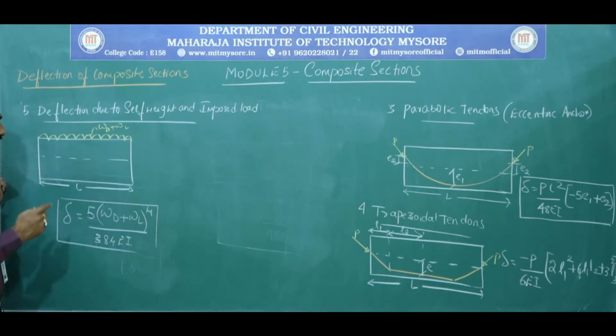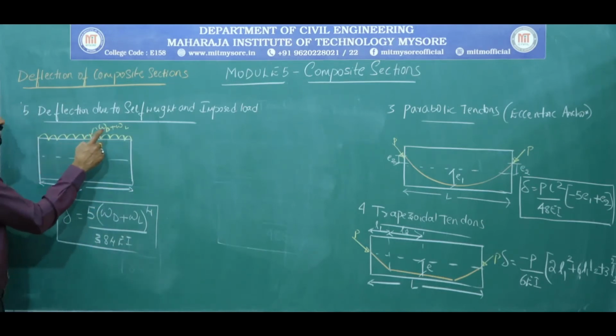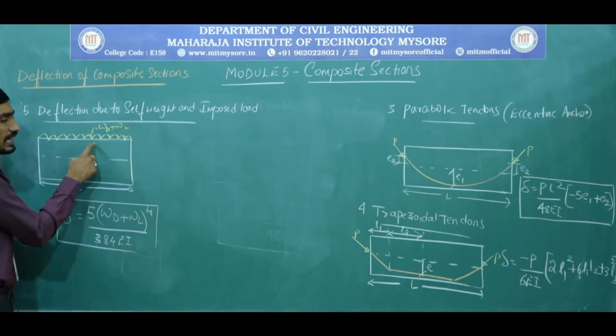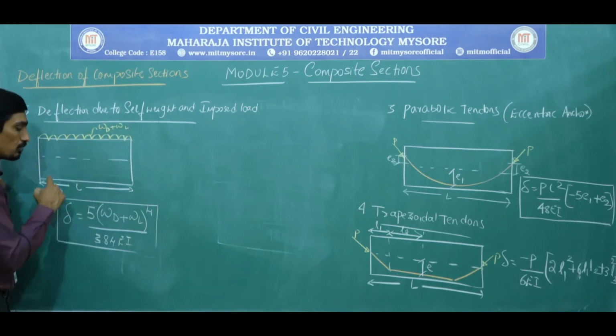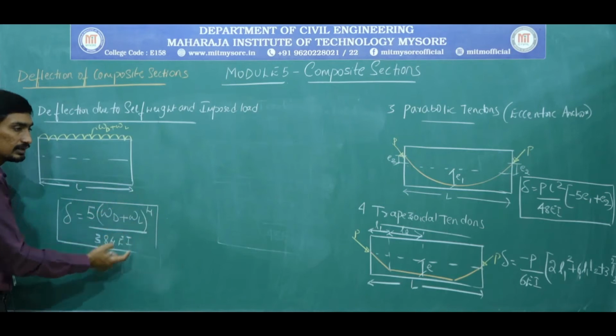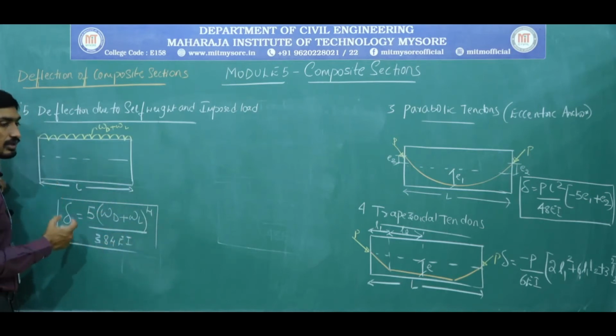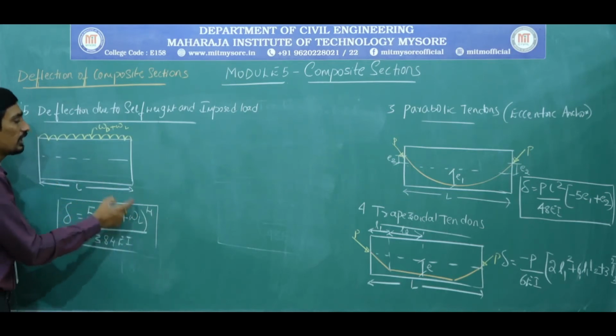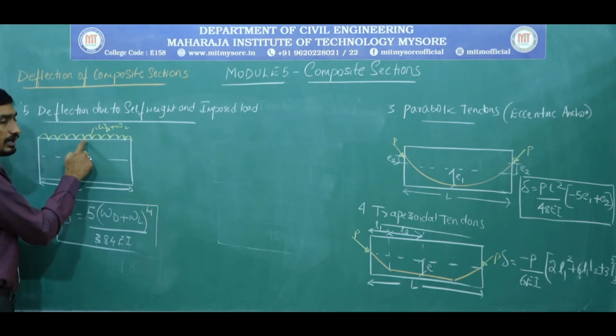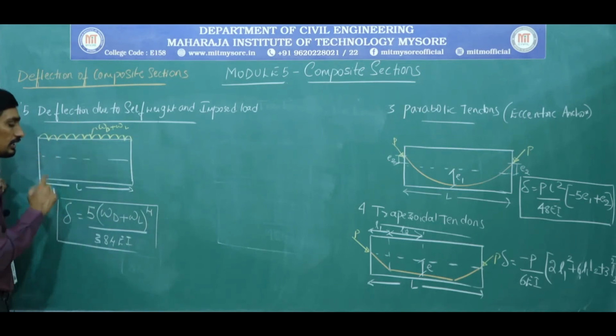Okay, fine. Next thing, this formula is not constant for external load. So this will vary. How? Let me explain. Since both dead load and live load are UDL, I am writing the formula like this. If the live load is not UDL, if it is a point load, then the formula will change.